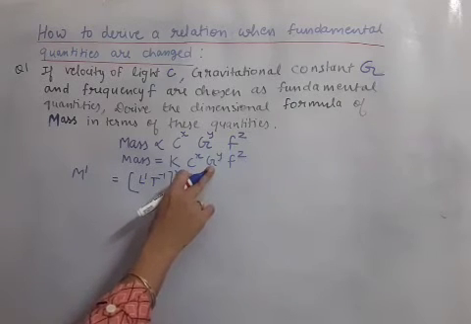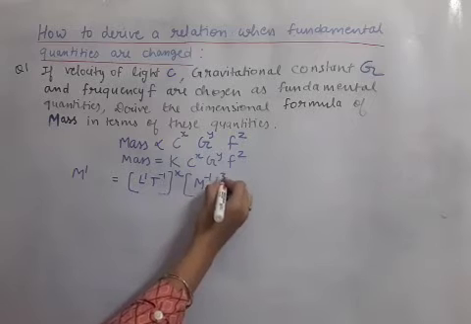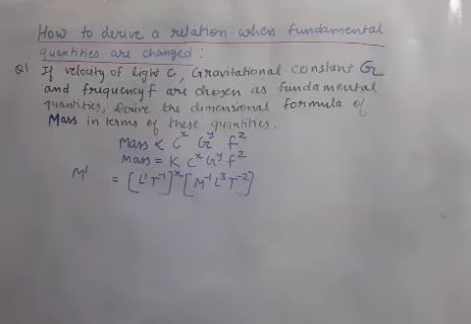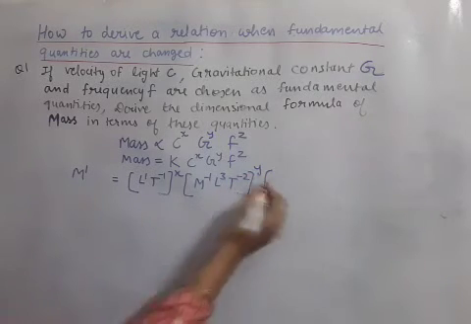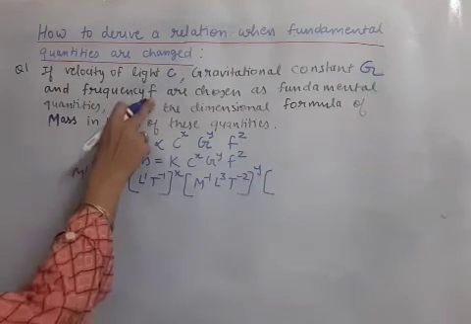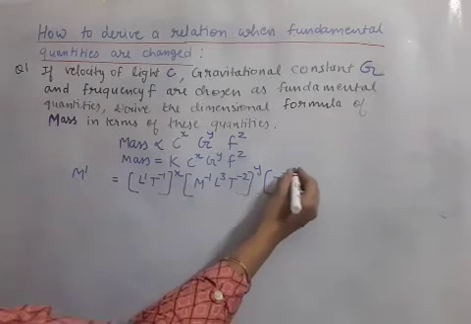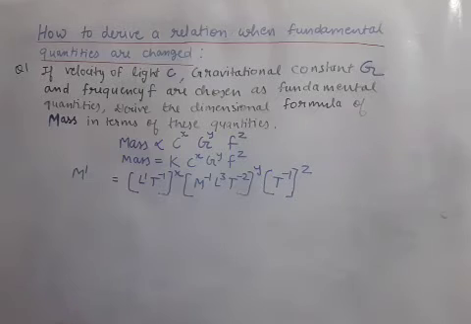The gravitational constant capital G, its formula you can take from the table: M^-1 L^3 T^-2, power y. Next is frequency. It's not force, it is written frequency. Frequency's dimensional formula is T^-1. So finally power z is also there.